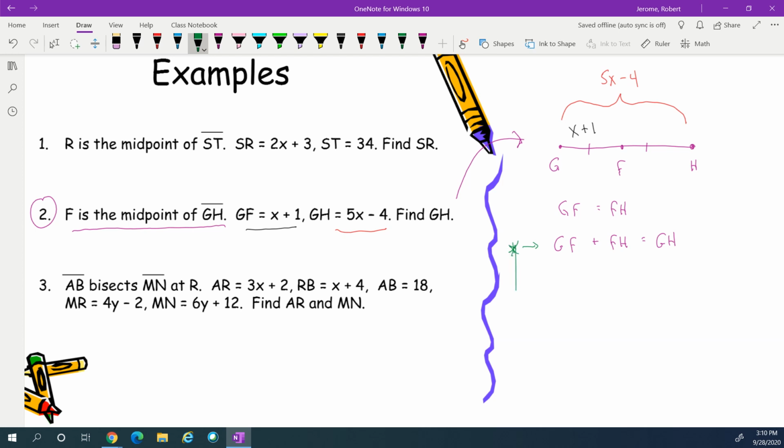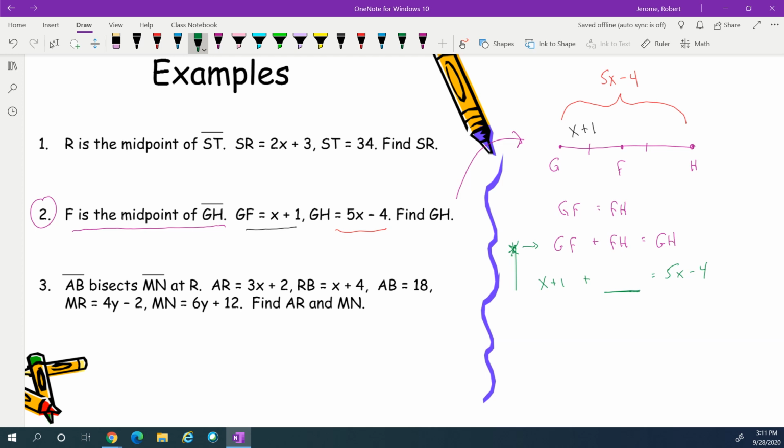The question is, what are we going to put in? Well, GF they gave us. It's x plus 1. And GH they gave us. It's 5x minus 4. But what are we going to put there for FH? Well, look at our picture. Those segments are congruent.